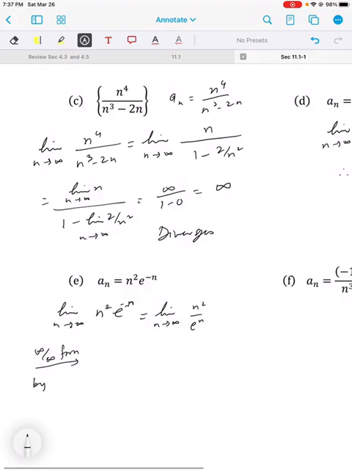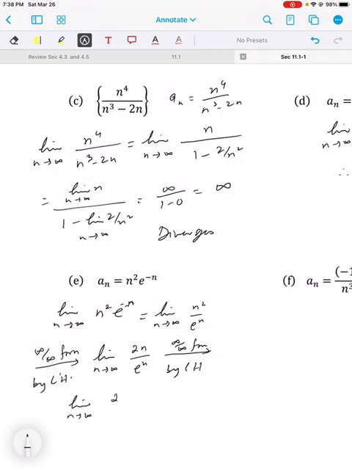So by L'Hopital's rule, we get limit as n goes to infinity of 2n over e to the n. This is already in the simplified form. We cannot simplify further. But if I plug in, you notice it's still infinity over infinity form. So we again apply L'Hopital's rule. So we get limit as n goes to infinity of 2 over e to the n. And now when we apply the limit, we actually get 0. Which means this converges.